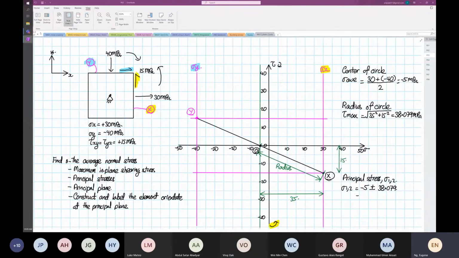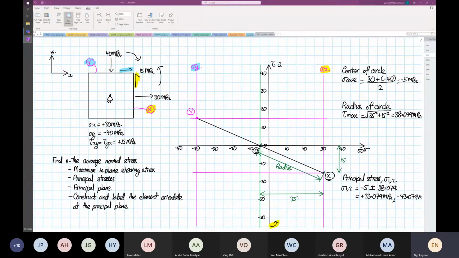So this will be equal to minus 5 plus 38.079, which is 33.079 megapascal. And the other point is minus 43.079 megapascal.